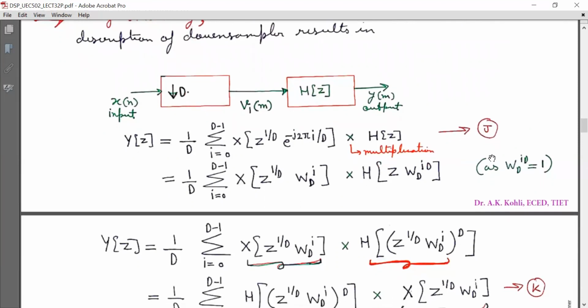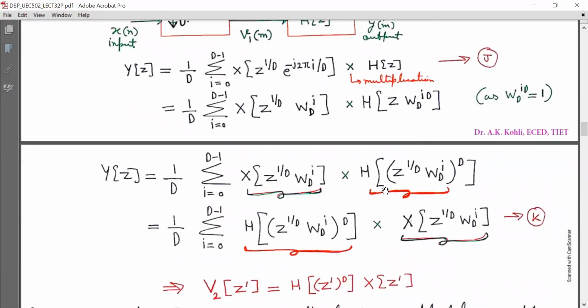So I will express equation J in a different form: Y(z) is equal to 1 by D, summation i running from 0 to D minus 1, X(z^(1/D) W_D^i) into H(z W_D^(iD)).